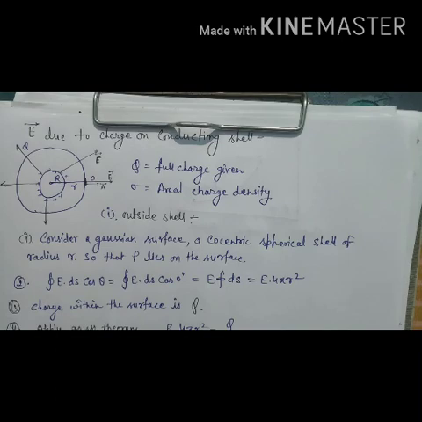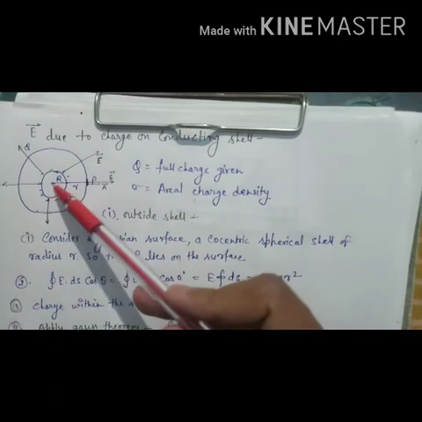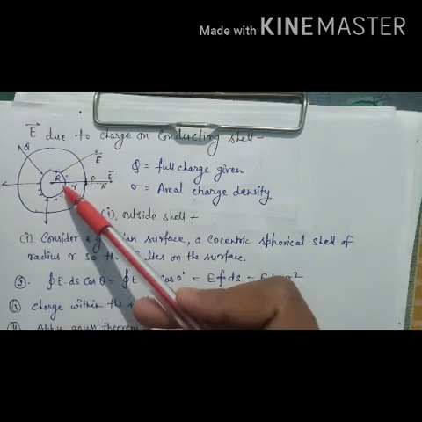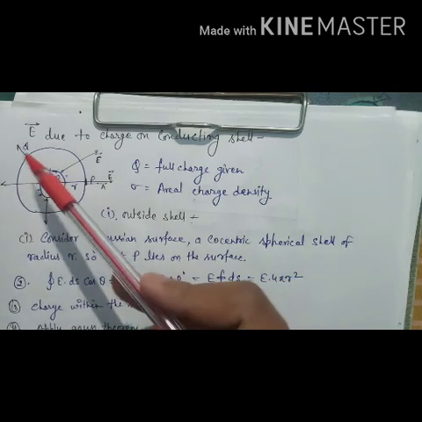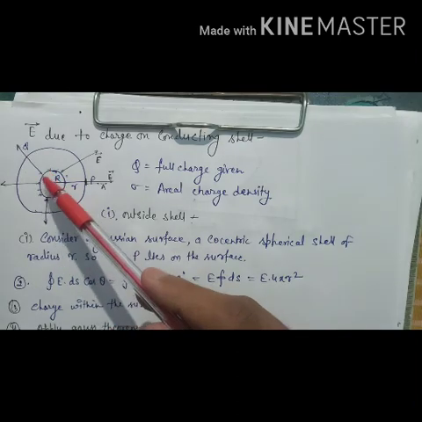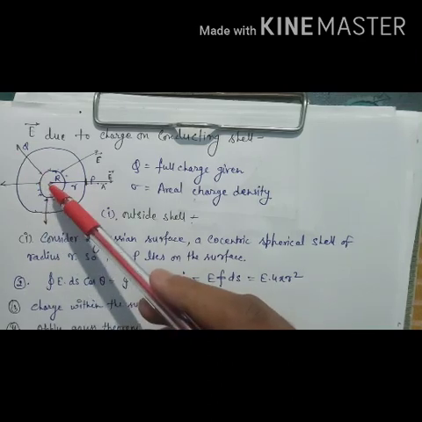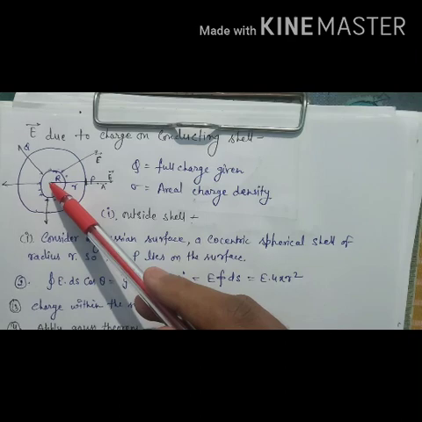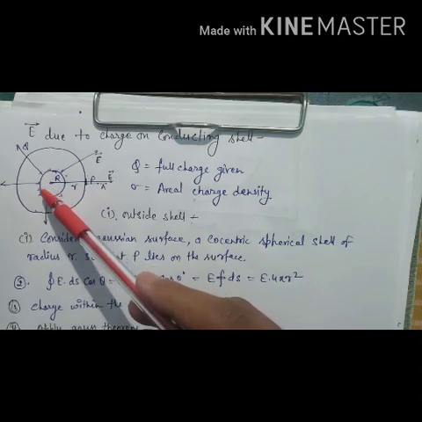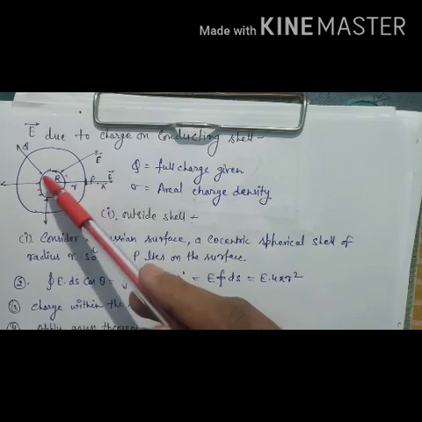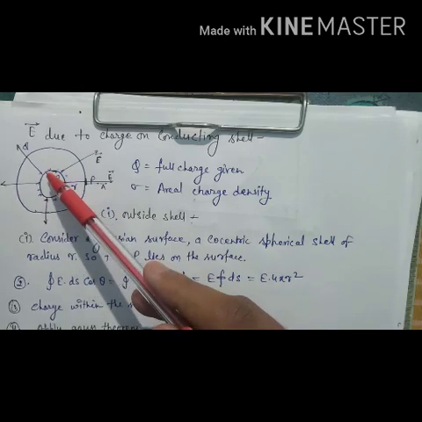Let us suppose we have a conducting shell here, and we give a charge Q on its surface. So we give a charge capital Q, and it spreads out on the surface of the shell.